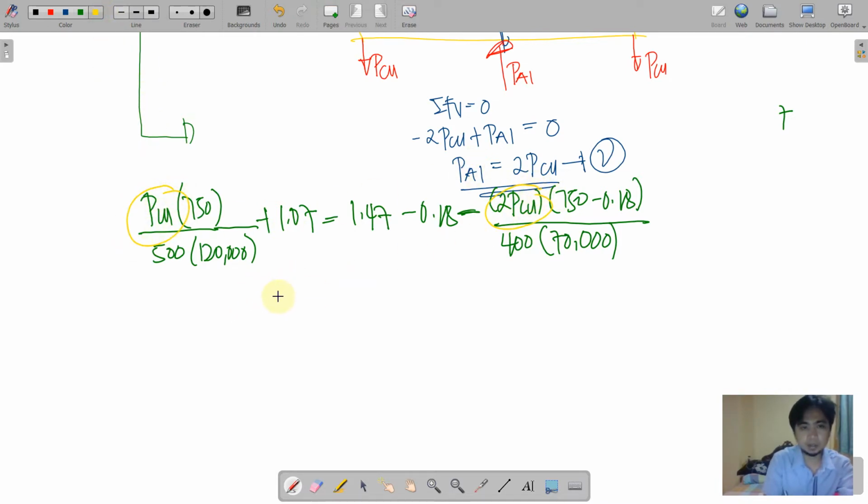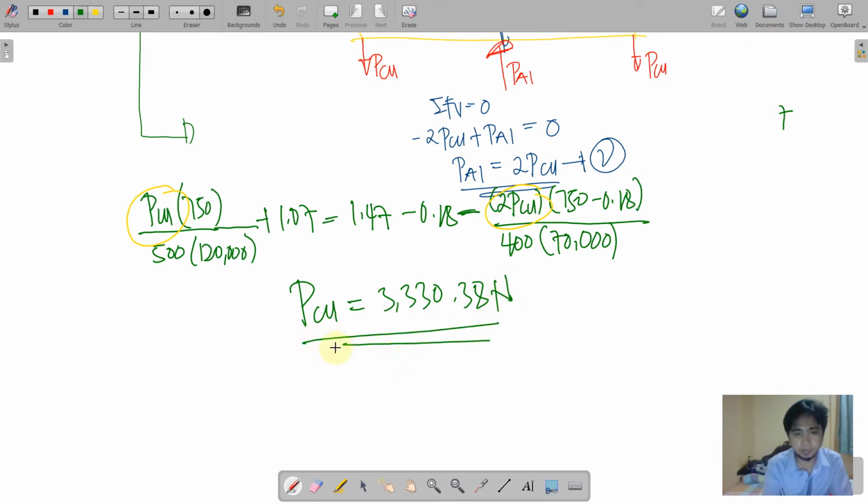Okay, so computing for PCU, we have 3,330.38. This is in Newton. So therefore, the aluminum is equal to twice this value, 3,330.38.